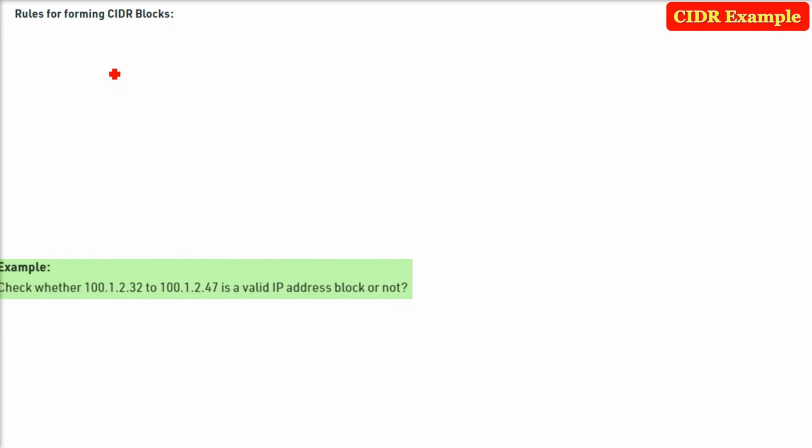We have to check whether this IP till this IP is a valid IP address block or not. We are talking about CIDR. There is no slash given, but a CIDR address will always have an IP address followed by a slash with a number. This number will compute the network address.